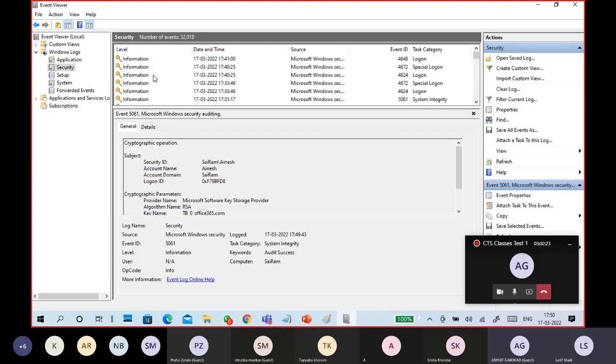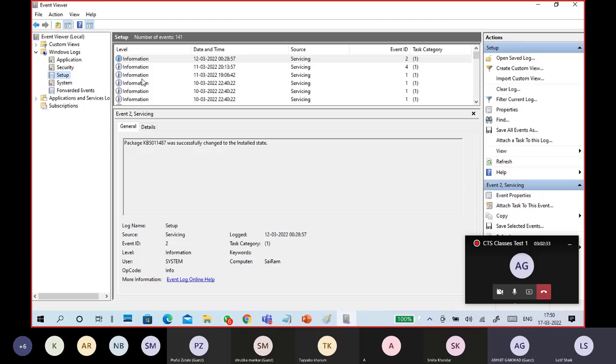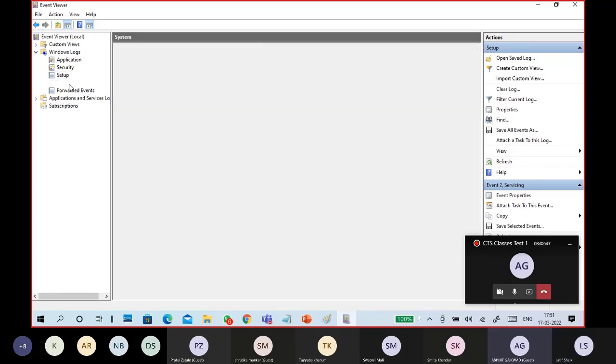Security belongs to login, logout, and remote access related information. Setup is again installation and updates. You can see the package successfully installed state.